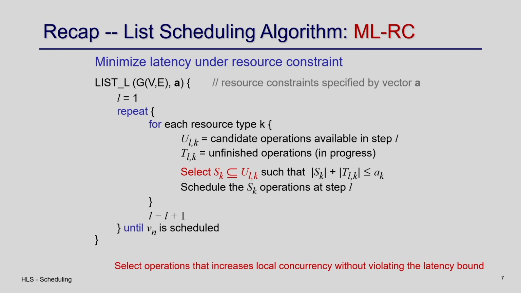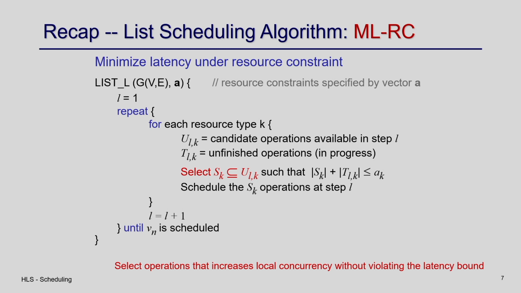If you recap the list scheduling algorithm, what was going on? I take timestamp 1, and I take each resource type: first type 1, type 2 and type 3. For each type of resource, I will identify the operations that are ready to be scheduled in this timestamp.